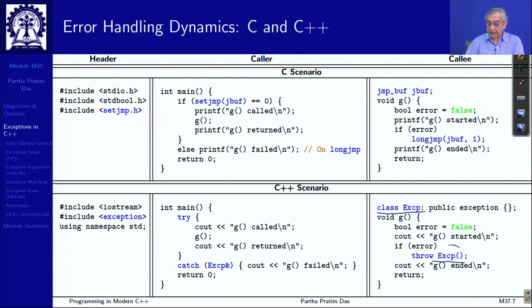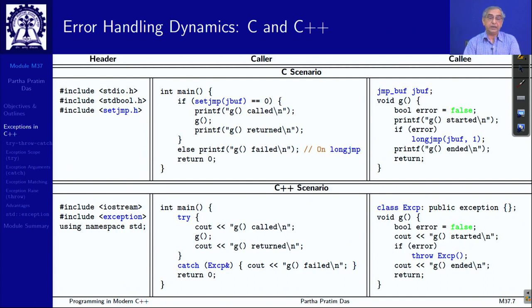This is almost an explicit call to the constructor, which will prepare an unnamed exception object, which will be thrown and be caught here by this type. Right?